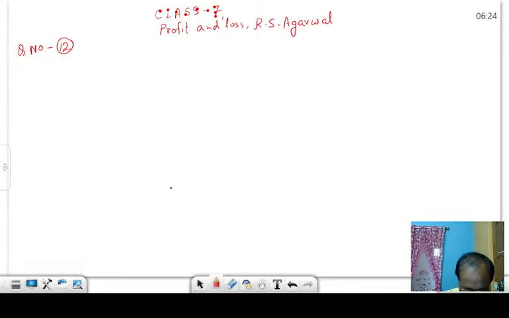Binay sold a plot for rupees 1,43,000. Here the question, I am writing the question first. After that, we will solve the problem.